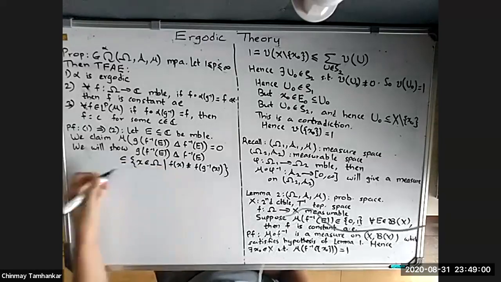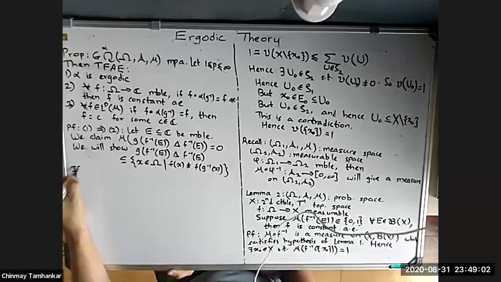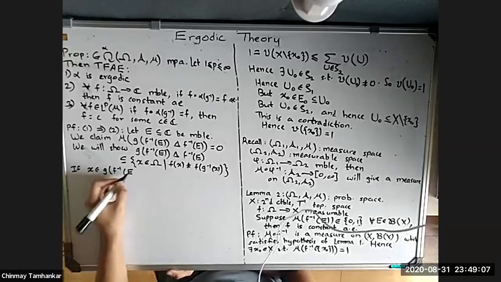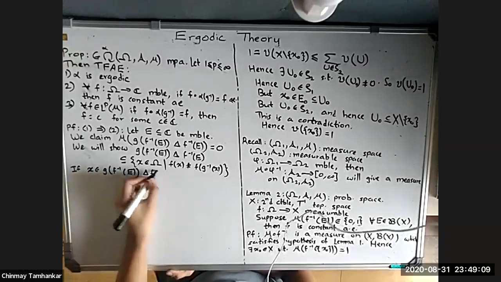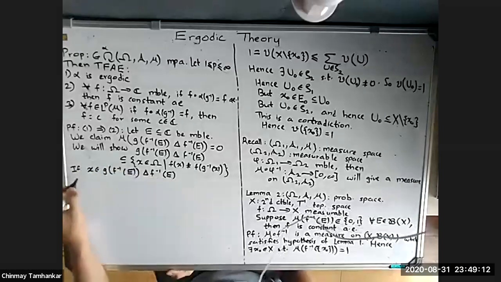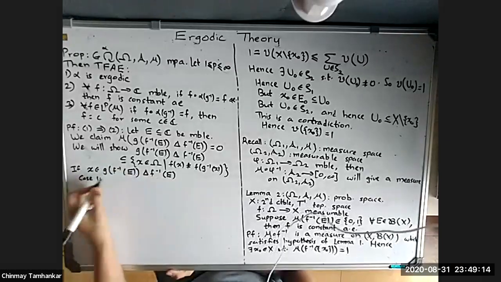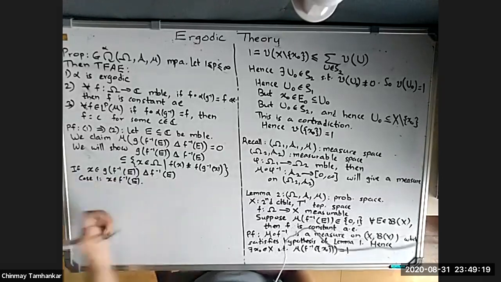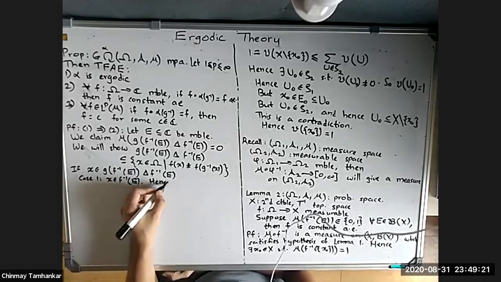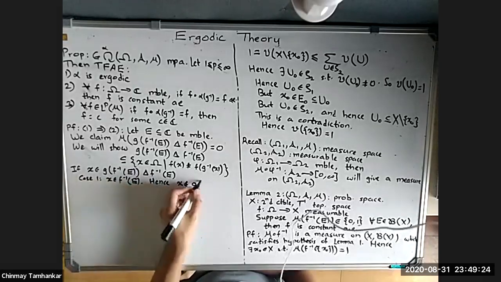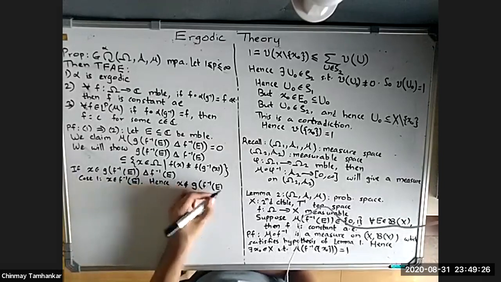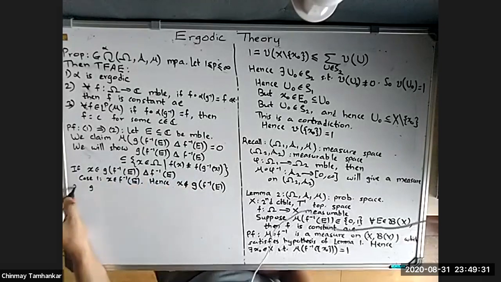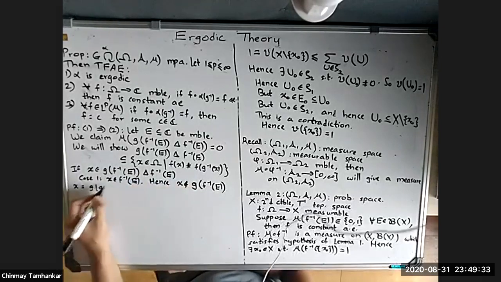This is easy to see. If x belongs to G f inverse E symmetric difference f inverse E, then case 1: we take x belongs to f inverse E. Hence x is not in G of f inverse E. But then G x equal to G of G inverse x.